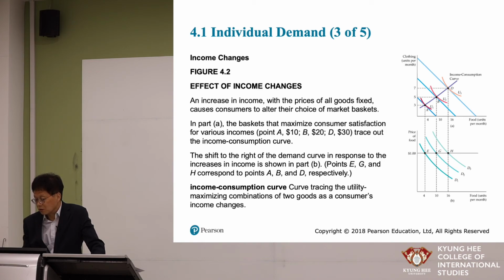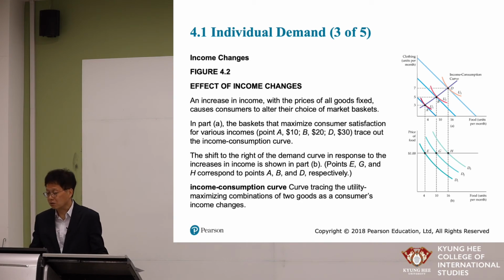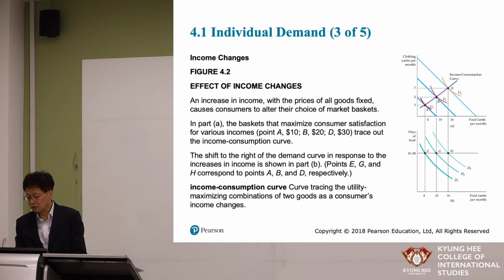Income consumption curve: as your income increases, the consumption bundle of two goods changes, moving A, B, D. And here we draw the price of food. The Y variable is the price of food and the X variable is food, demand for food. Then, like this, with no price change, demand for food increases when your income increases or your budget constraint expands to the right.